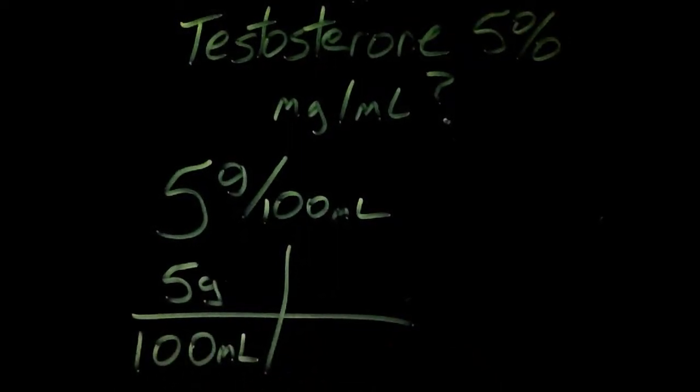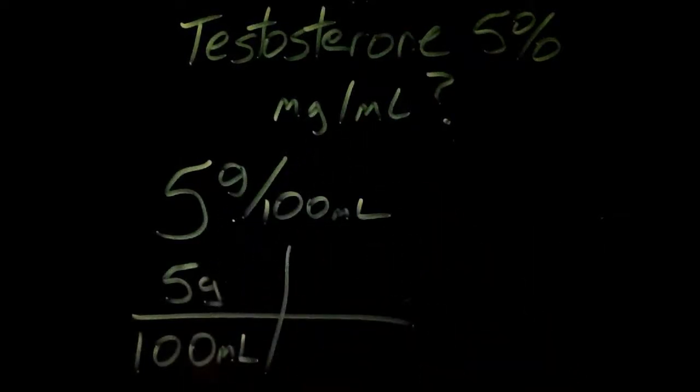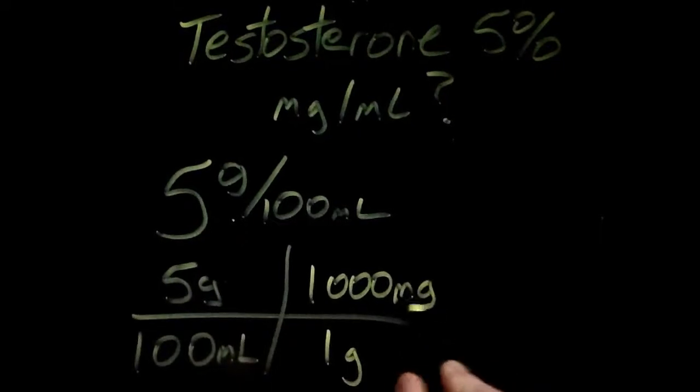You're already seeing some factor label in here whenever you thought you were just doing a conversion. So now that I have that and we're factor labeling, I need to use an equality that will change me from grams to milligrams. Well, that's pretty easy. You've already learned that 1 gram contains 1,000 milligrams.